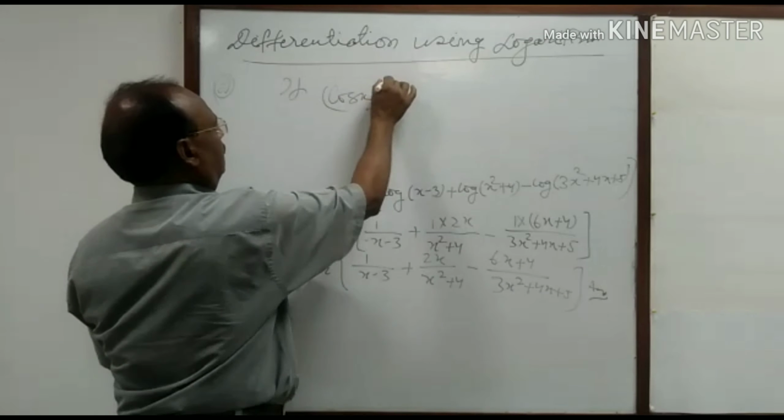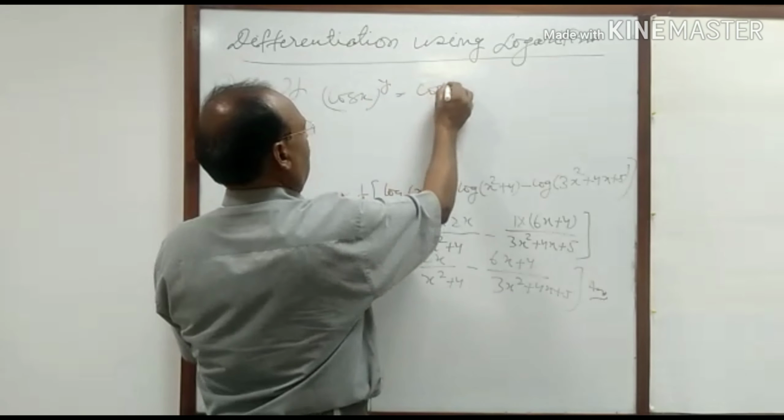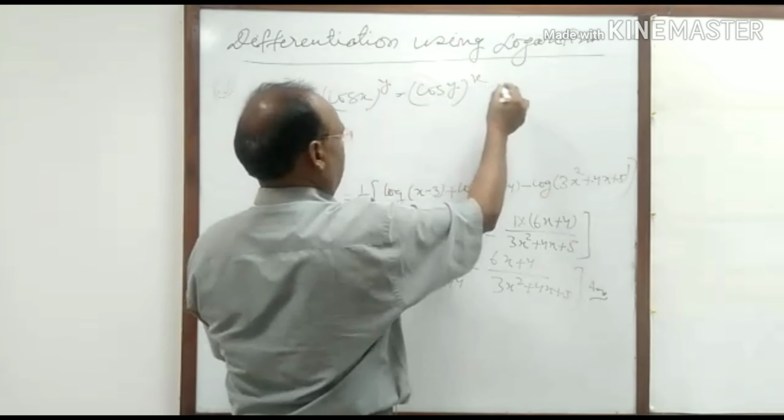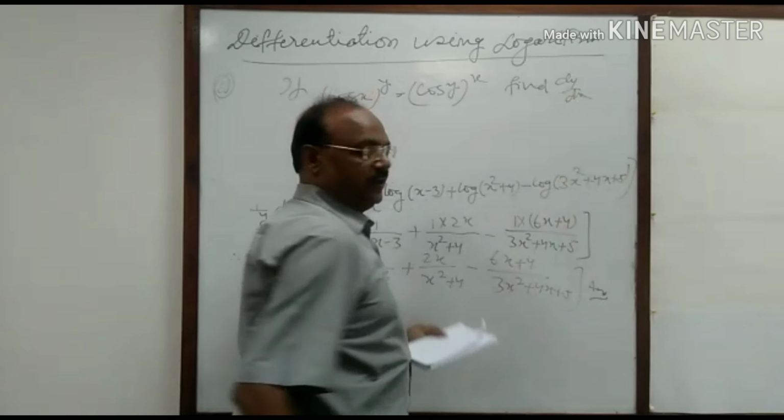If (cos x)^y is equal to (cos y)^x, then find the derivative of y with respect to x.